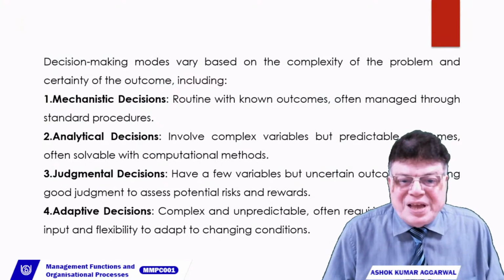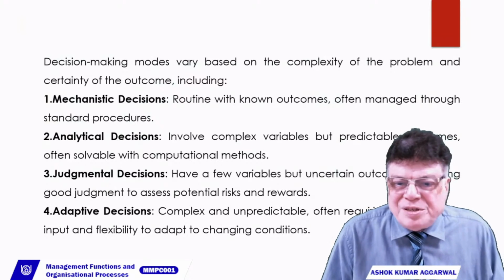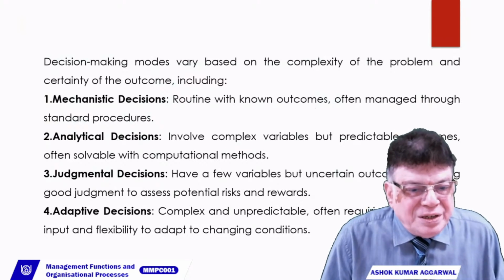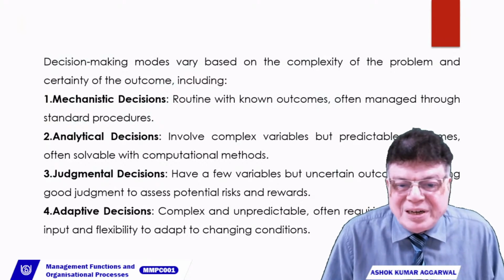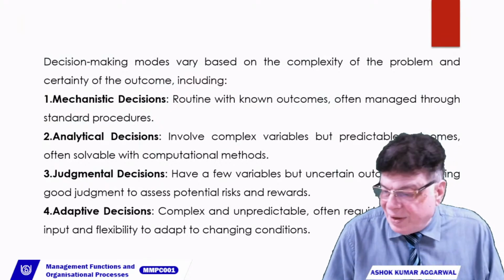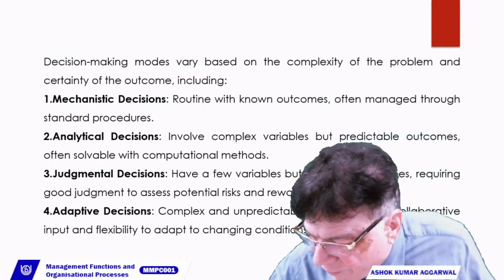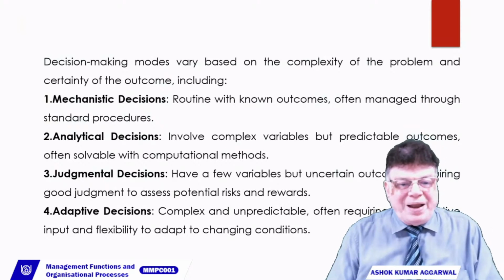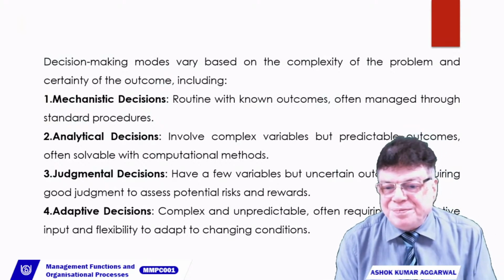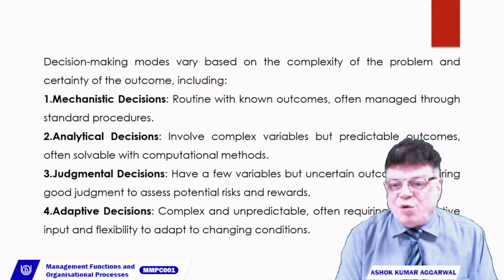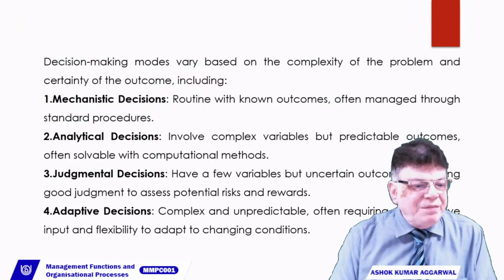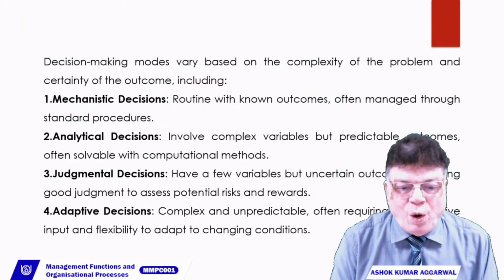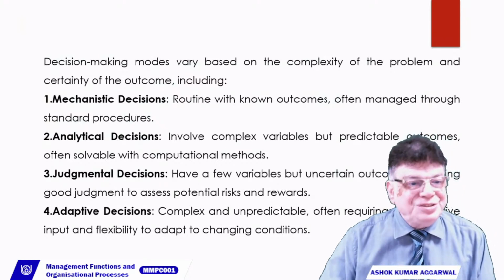Judgmental decisions have a few variables but uncertain outcomes, requiring good judgment to assess potential risks and rewards. Adaptive decisions: complex and unpredictable, often requiring collaborative input and flexibility to adapt to changing conditions.